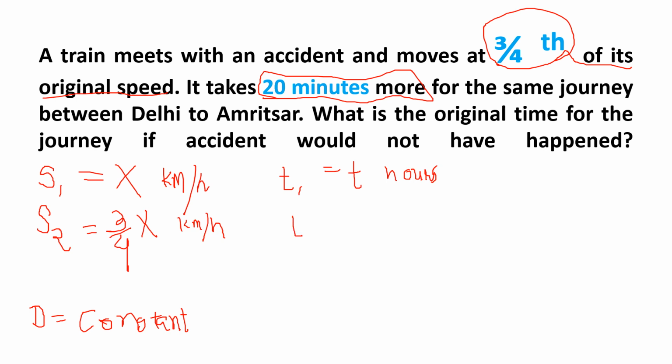Then T2, after the decrease in the speed, the time would be 20 minutes more, that is T hour plus 20 minutes. But as over here we have taken hours, I can't take 20 minutes here. I have to convert this into hours, so 20 by 60. That means T2 is equal to T plus 1 by 3.